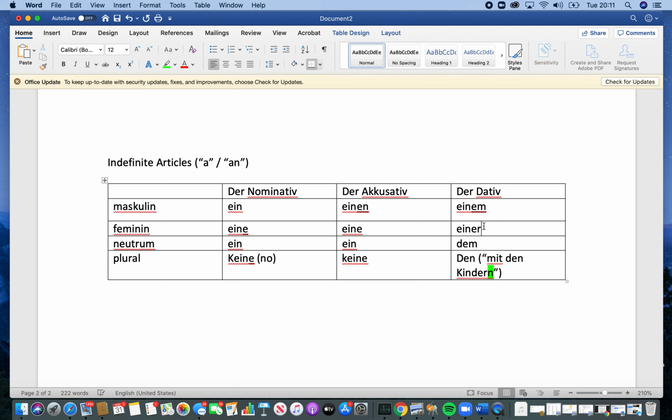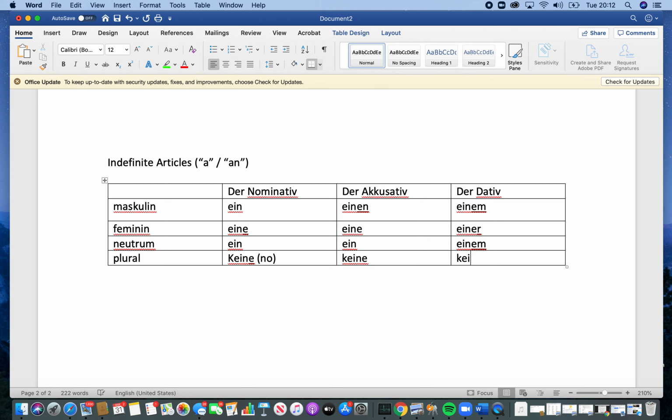Einer. So we're adding this R to eine. Wieder mal einem. Dem, einem. And then we'd have the en ending for plurals, keinen.